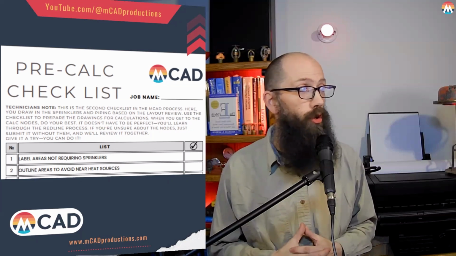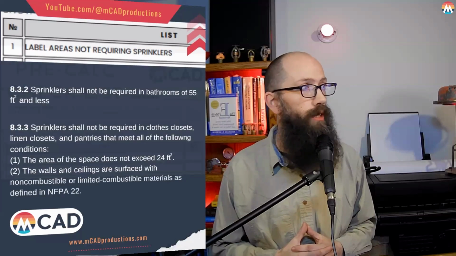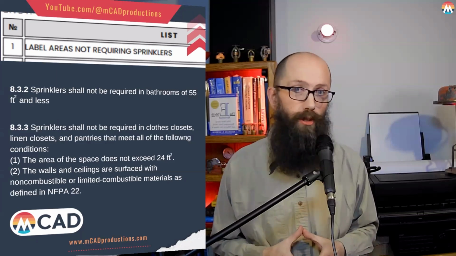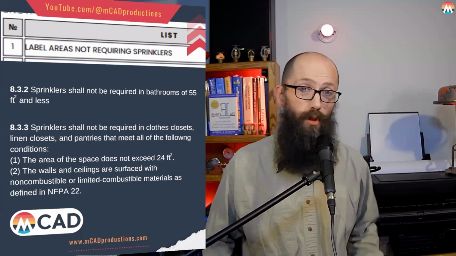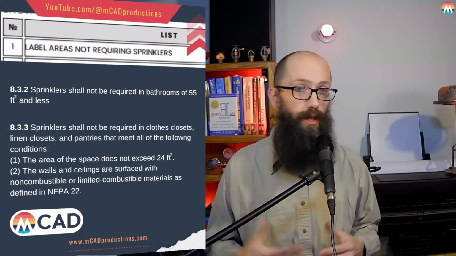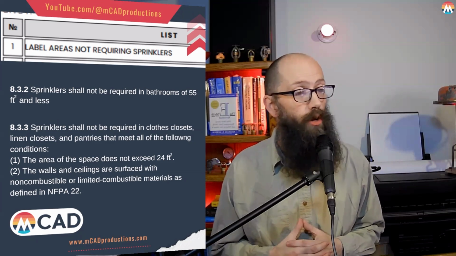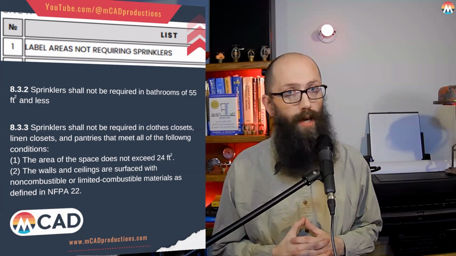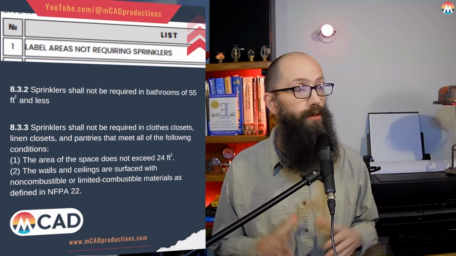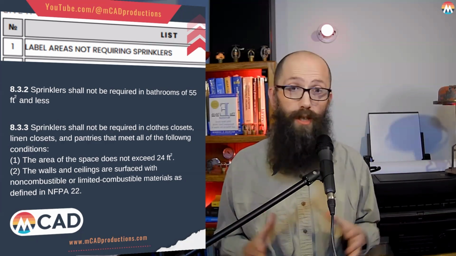All right. So now, number 1 on our pre-calc checklist, we are going to be talking about labeling areas not requiring sprinklers. Our project for this course specifically is an NFPA 13D project, and we're going to be focusing on these 2 sections of code in NFPA 13D, which according to the 2019 edition in 8.3.2, sprinklers shall not be required in bathrooms of 55 square feet and less.